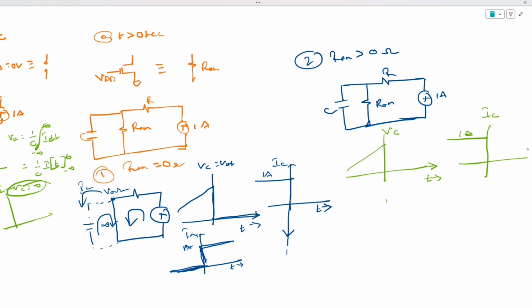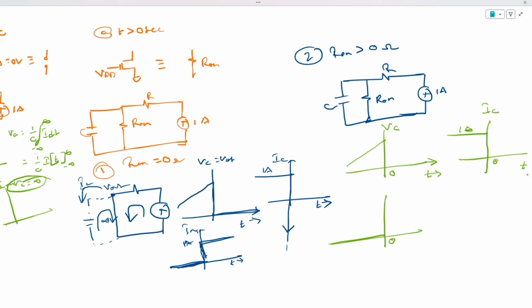The VC graph earlier is like this. It reached some point, very huge maybe, and this IC graph is constantly 1 ampere only, and this IM graph is constantly 0 until the point of time t is equal to 0.